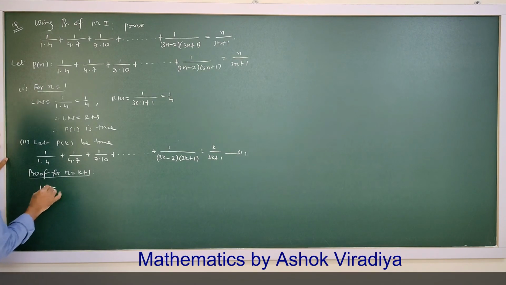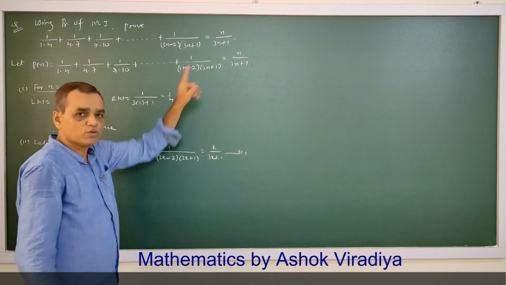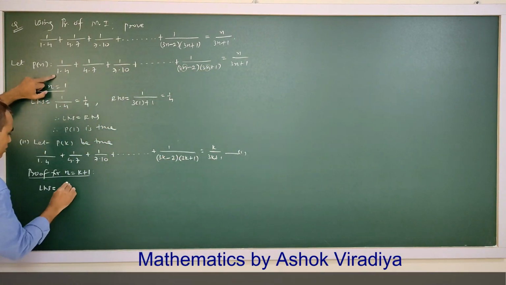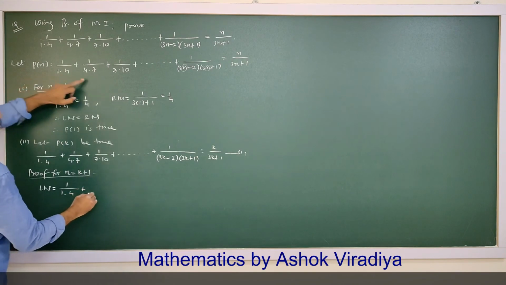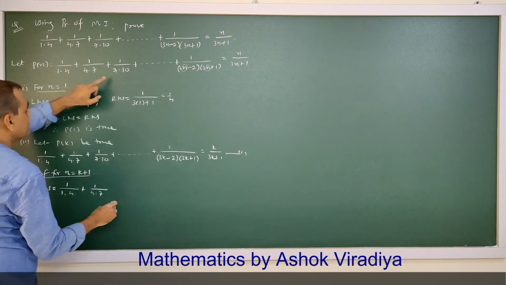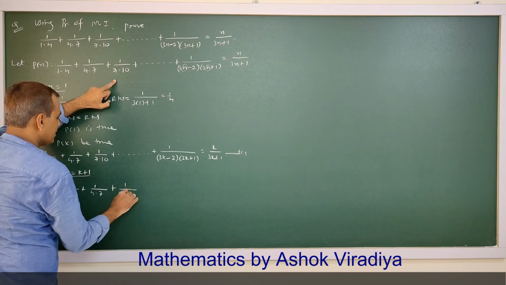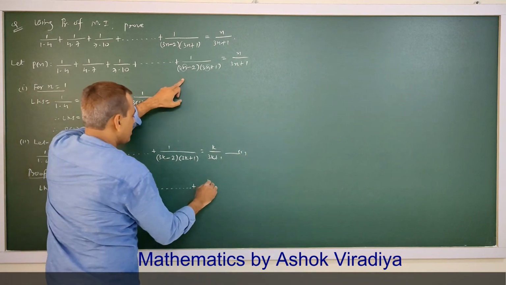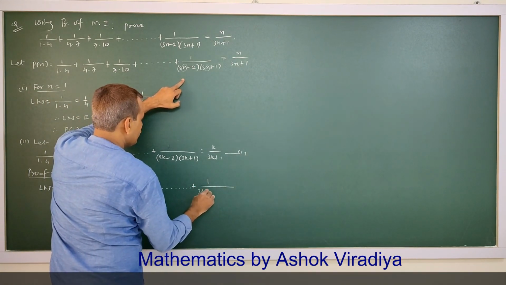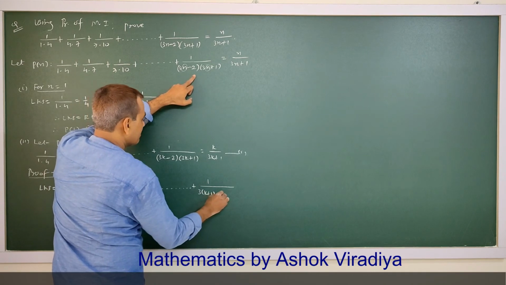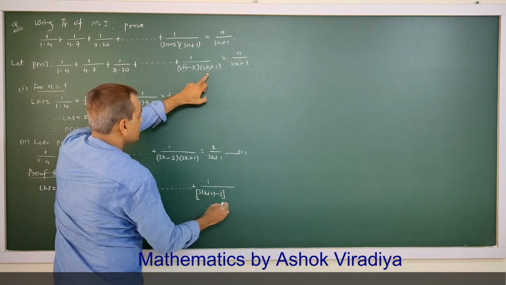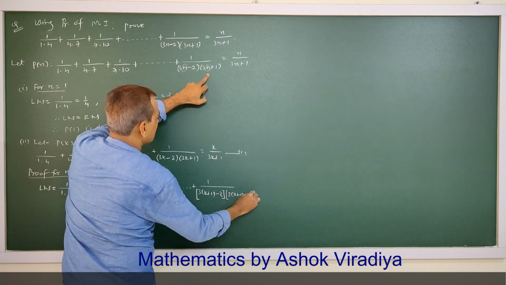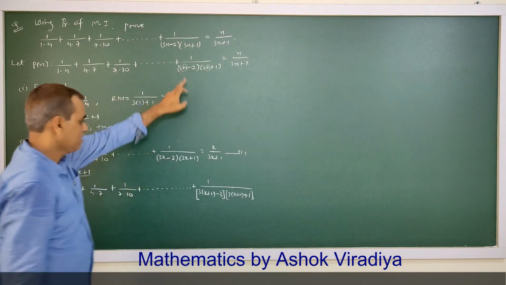So the left hand side for n equal to k plus 1. Now I keep here n equal to k plus 1. So 1 upon 1 into 4, 1 upon 4 into 7, 1 upon 7 into 10, plus, now here 1 upon 3 into, n is replaced by k plus 1.